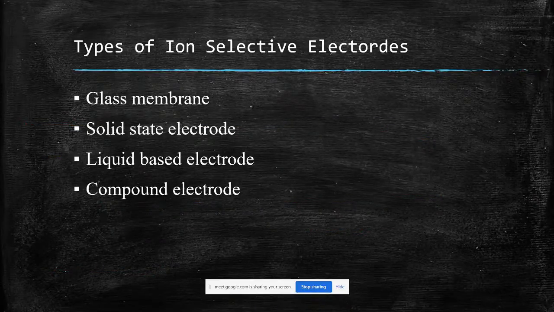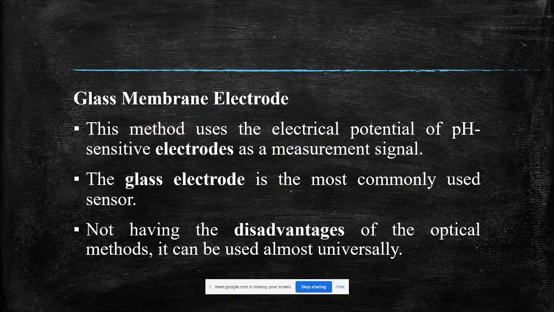Okay, so there are four types of electrodes available: glass membrane electrode, solid state electrode, liquid based electrode and compound electrode. The glass membrane electrode uses the electric potential of a pH sensitive electrode as a measurement signal.